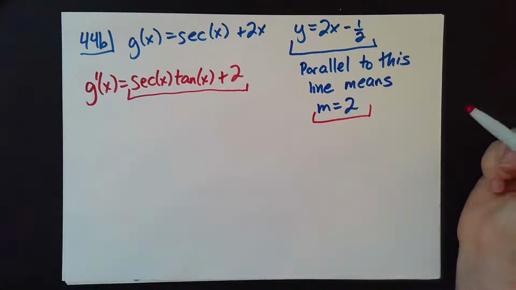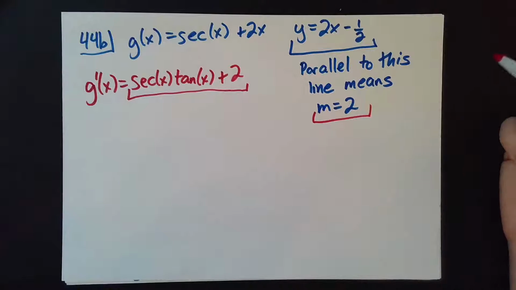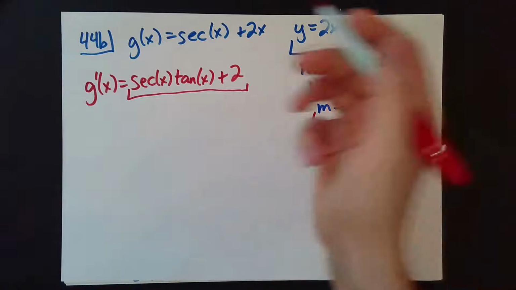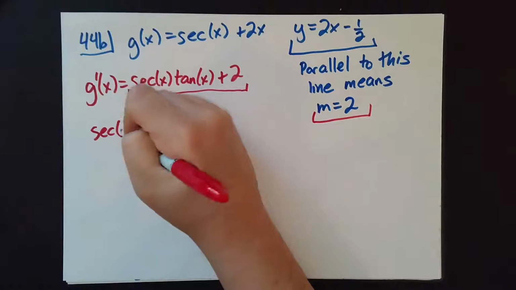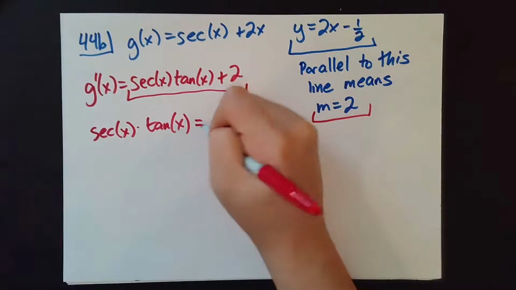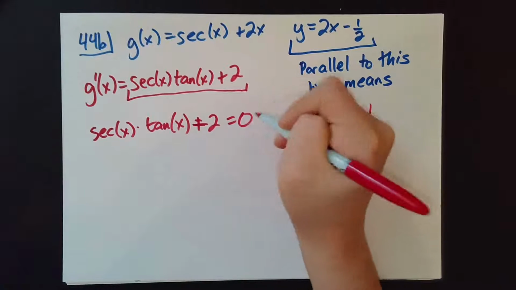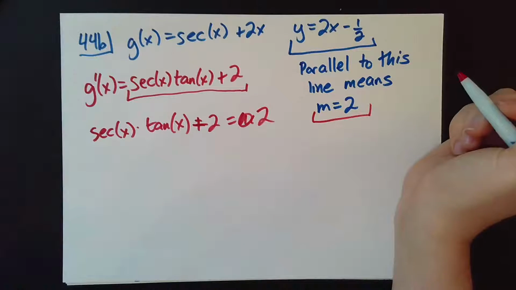So most of the questions we've done here are take the derivative, set it equal to 0 questions. In this question, this is a take the derivative and set it equal to 2 question. So I want to solve secant of x times the tangent of x, plus 2 equals 2.